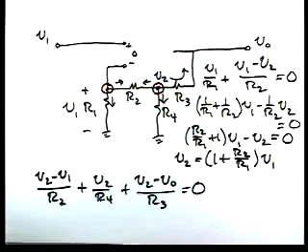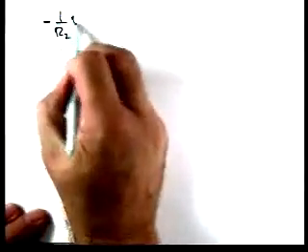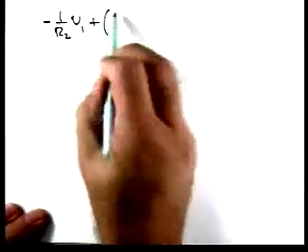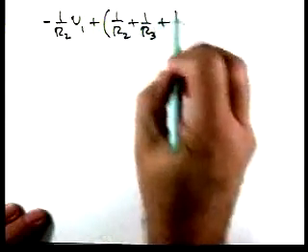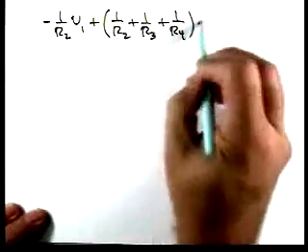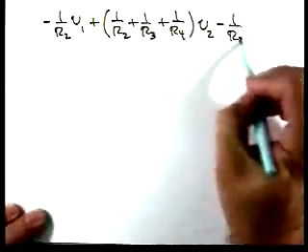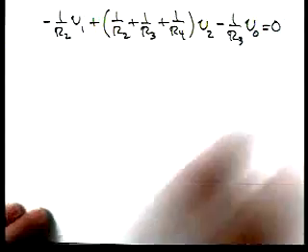Now let's start working on that equation. If we collect up terms, we'll have minus 1 over R2 times V1. Then we'll have 1 over R2 plus 1 over R3 plus 1 over R4 times V2 minus 1 over R3 times V0 equal to 0.